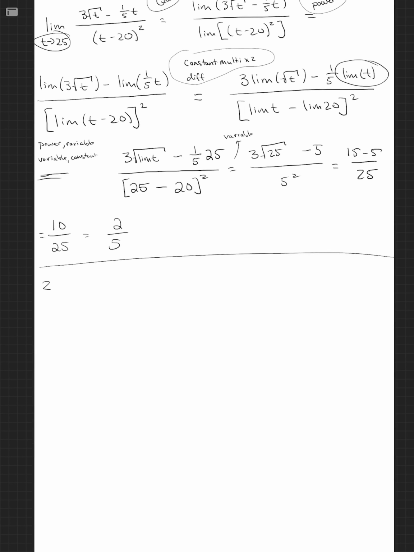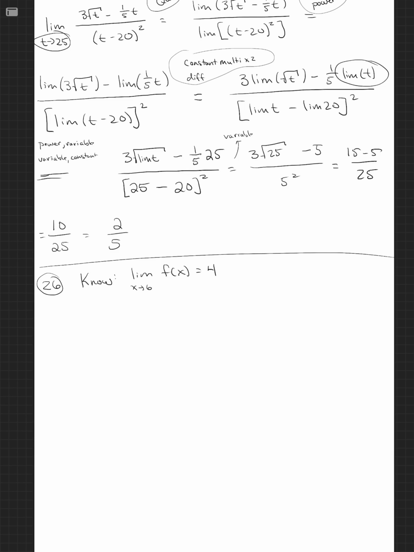Right. And the last one from this section was 26. And here was a little bit trickier because we don't actually know what the function is, but we know that the limit as x goes to 6 of f of x equals 4. Right?